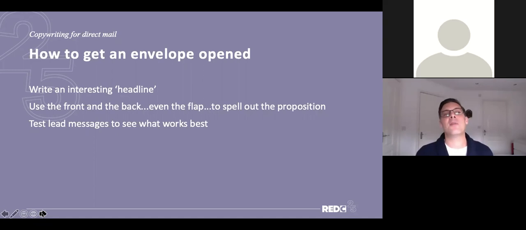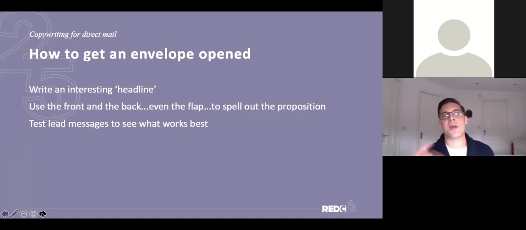The first thing is to write an interesting headline. When you think of the lines that go on an envelope, it's the same sort of mentality as a subject line for an email, or a headline on a press ad. The idea is to pique your interest and make you want to read on and find out more.